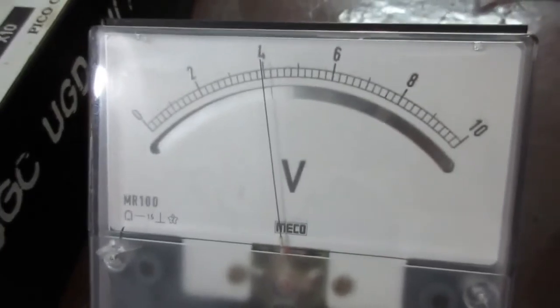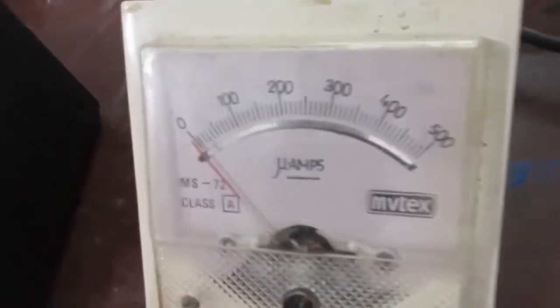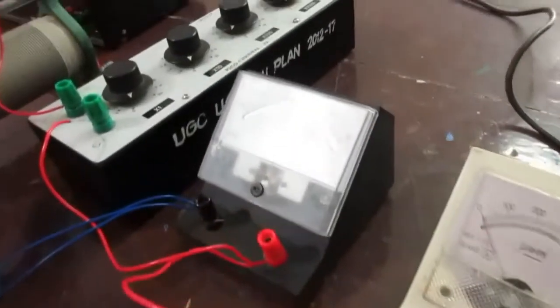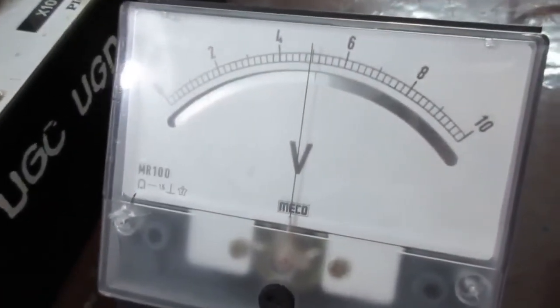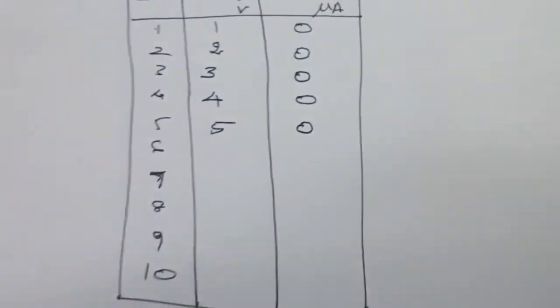When 4 volt is given as the driving potential, again the current in the circuit is 0 microamps. Again we change the voltage to 5. Now 5 volt is applied, and the current is again 0 microamps.